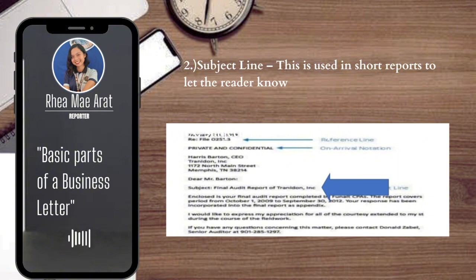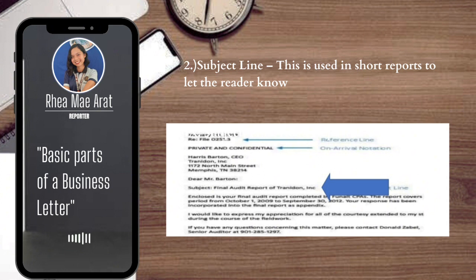This is used in short reports to let the reader know the content of the letter immediately. Example, subject, final audit report of Johnny Dunn Inc. Just like here in the business letter I provided.